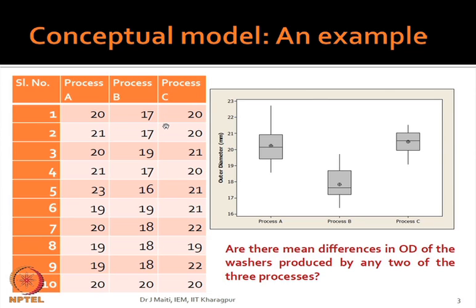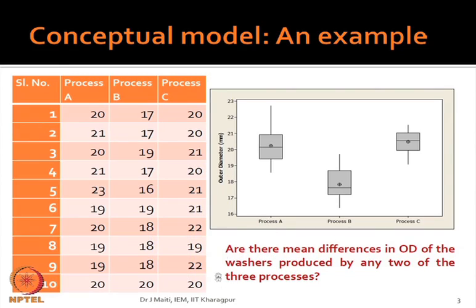Okay. Now, as a manufacturer of these steel washers, what do you require to know? You require to know whether all the processes are producing at the same level from the quality point of view or not. And the manufacturer is interested to test the differences in means of outer diameter for the three processes.